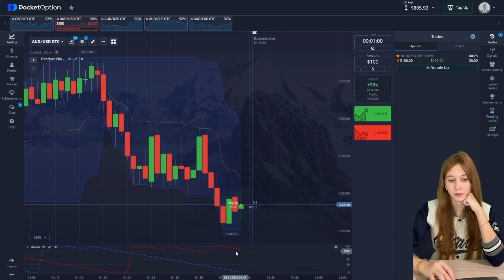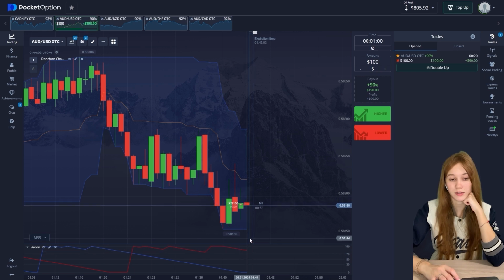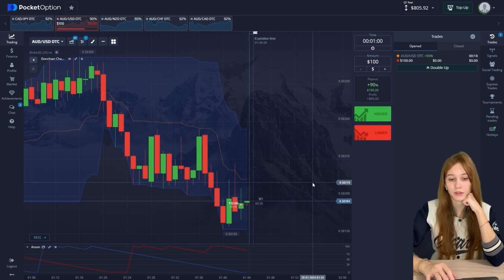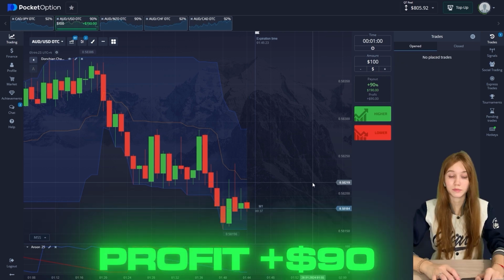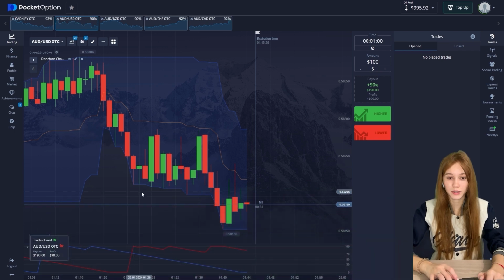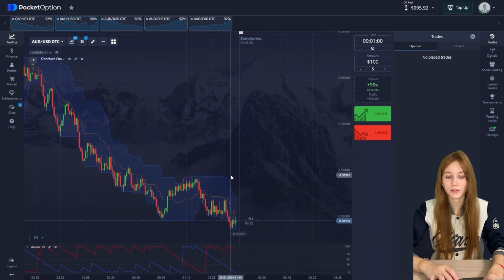By Aroon we see two moving lines looking to the lower position. Nevertheless, the red one is the leader among these moving lines. Let's just see. Good. Last deal, our profit is $90.